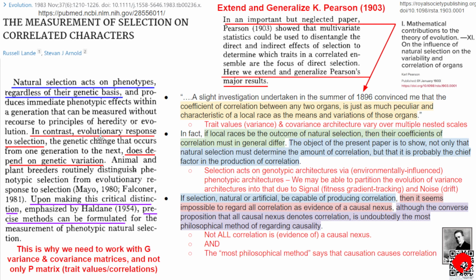In contrast, evolutionary response to selection, the genetic change that occurs from one generation to the next, does depend on genetic variation. Animal and plant breeders routinely distinguish phenotypic selection from evolutionary response to selection. Upon making this critical distinction, precise methods can be formulated."